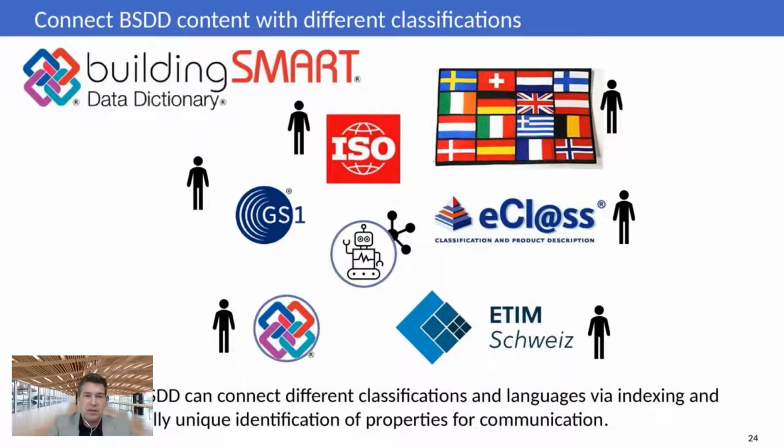The next step is then to connect this information with different classifications. So this is not excluding any classification, not even IFC, but this is also a change in my perception of how to proceed.